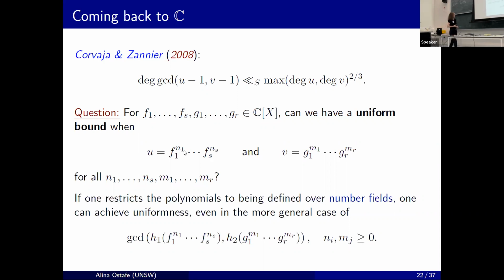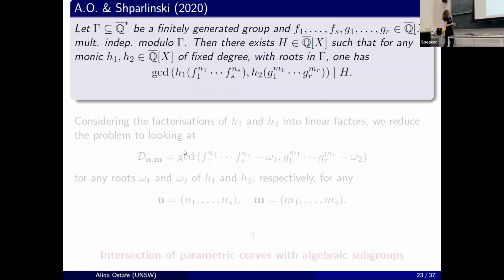And if one restricts the polynomials to being defined over number fields, one can achieve uniformity, and even in the more general case of GCDs of a polynomial H1, which is univariate, specialized at this product, and H2 specialized at this product. So we have the following generalization of Alon and Trutnik.